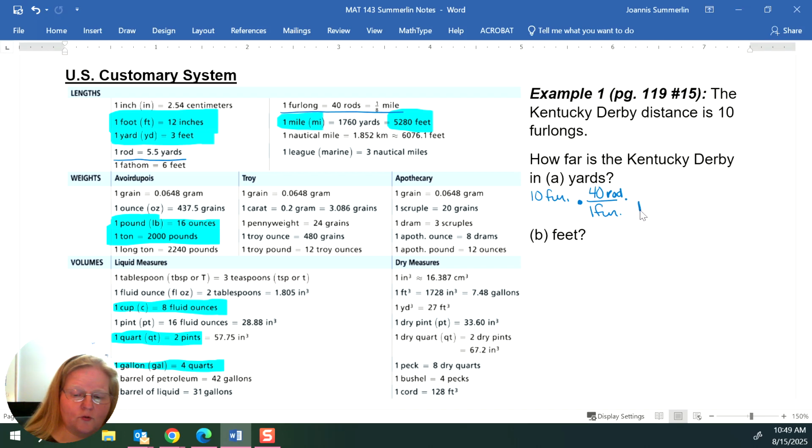And then 1 rod, according to this, is equal to 5.5 yards. Multiplying across the top, dividing by the bottom, we get that this is 2,200 yards.